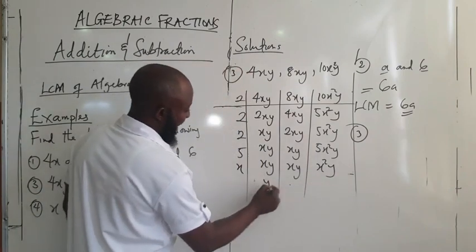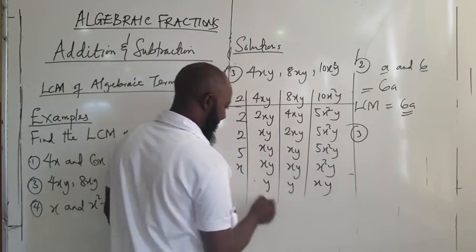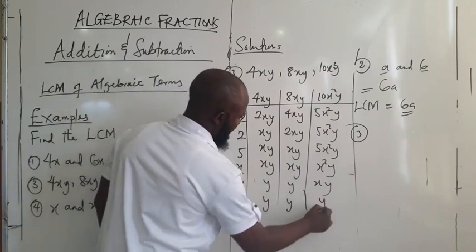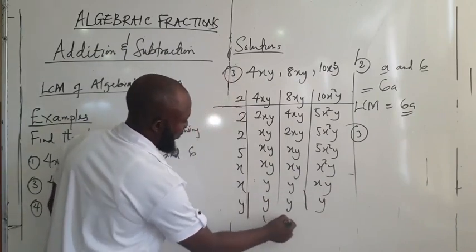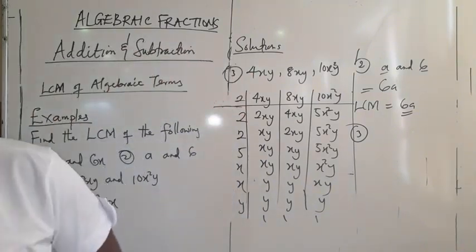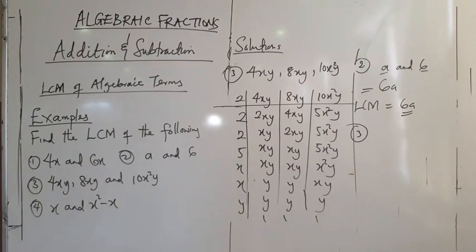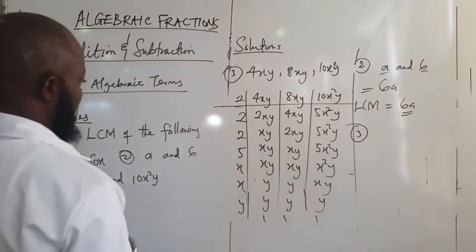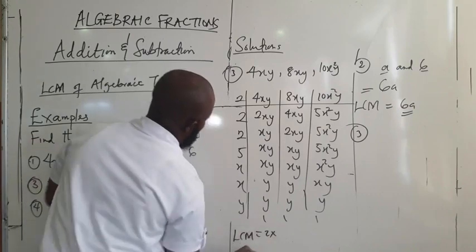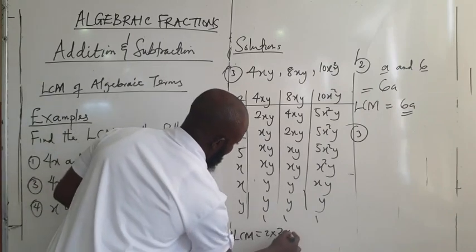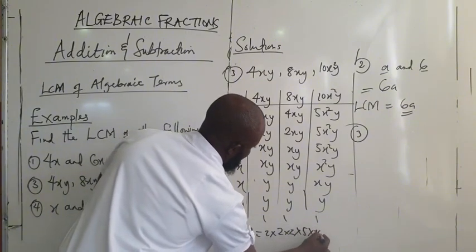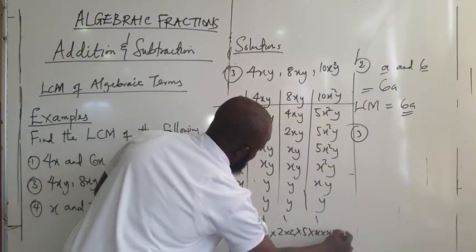Then s can go 1, y, x1. X can still go, that is 1, 1, 1. Then y can go 1, 1, 1. So what do we have as our LCM now? The LCM will then be 2 times 2 times 2 times 5 times x times x times y.